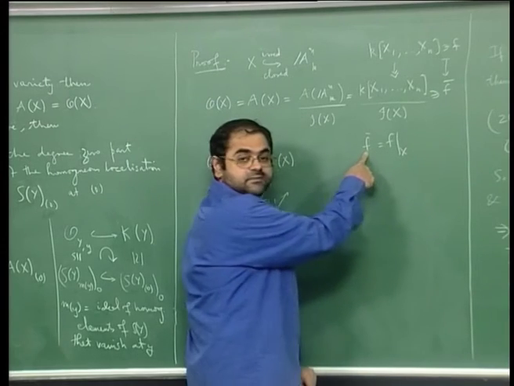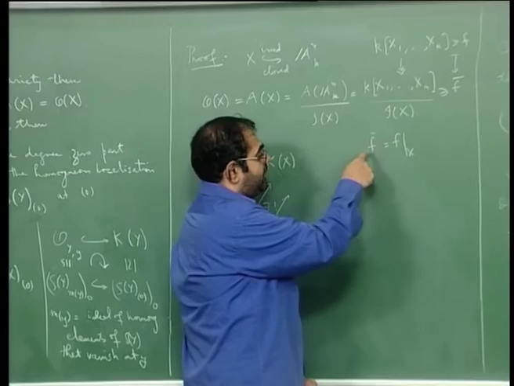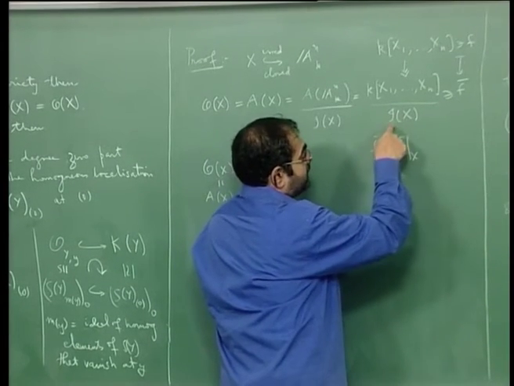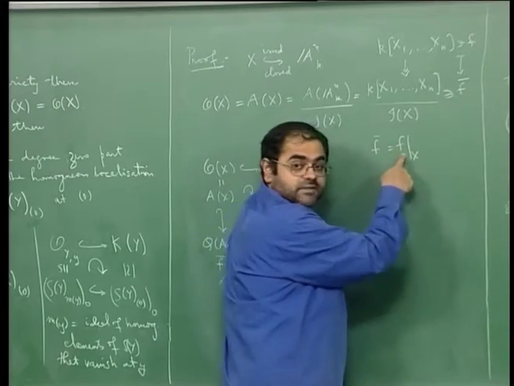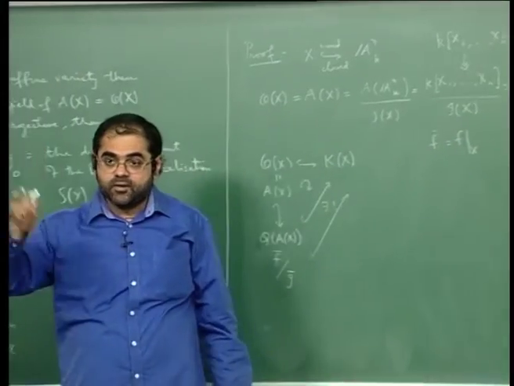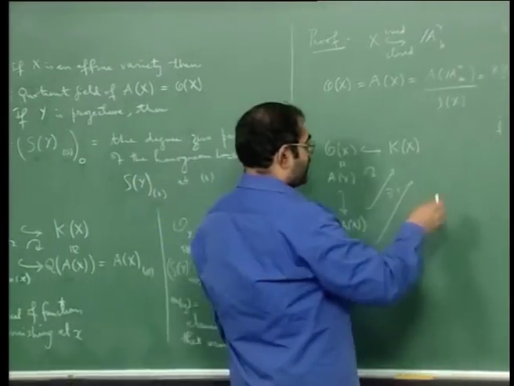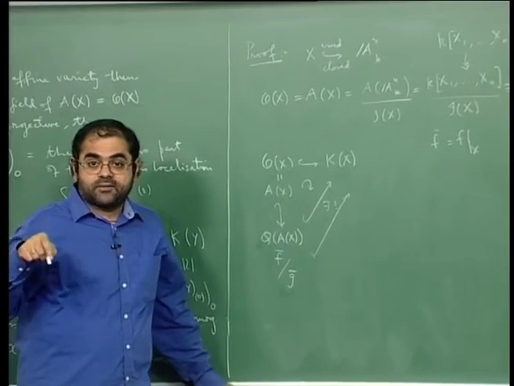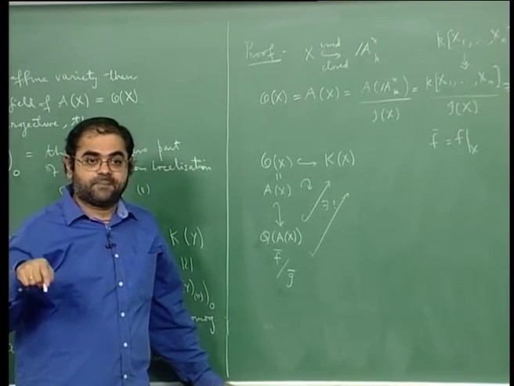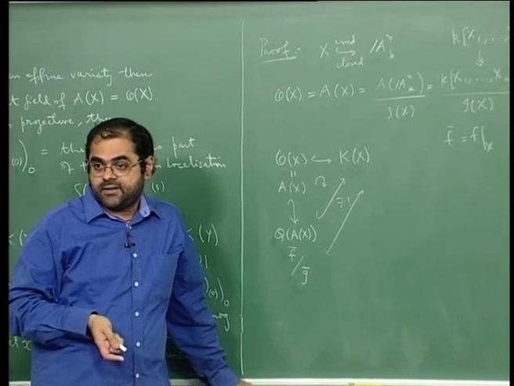Algebraically, f bar is a coset, reading f modulo Ix, but geometrically it is simply restricting the polynomial f to this closed subset x. So if you take f bar by g bar, you are just evaluating f by g, and where does f by g make sense? Where g does not vanish.